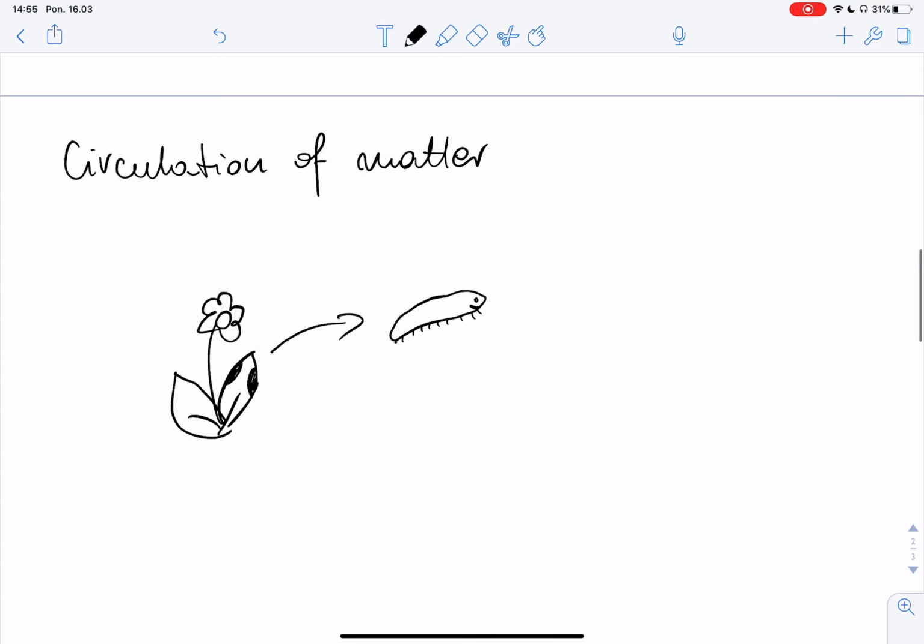This caterpillar is using those chemicals in order to build its body. So it rearranges physical particles. For instance, calcium, phosphorus, it also rearranges carbon, oxygen, nitrogen, all the chemicals needed in order to transform itself after some time into a butterfly, right? So this butterfly is entirely made of chemicals that once were present in the plant.